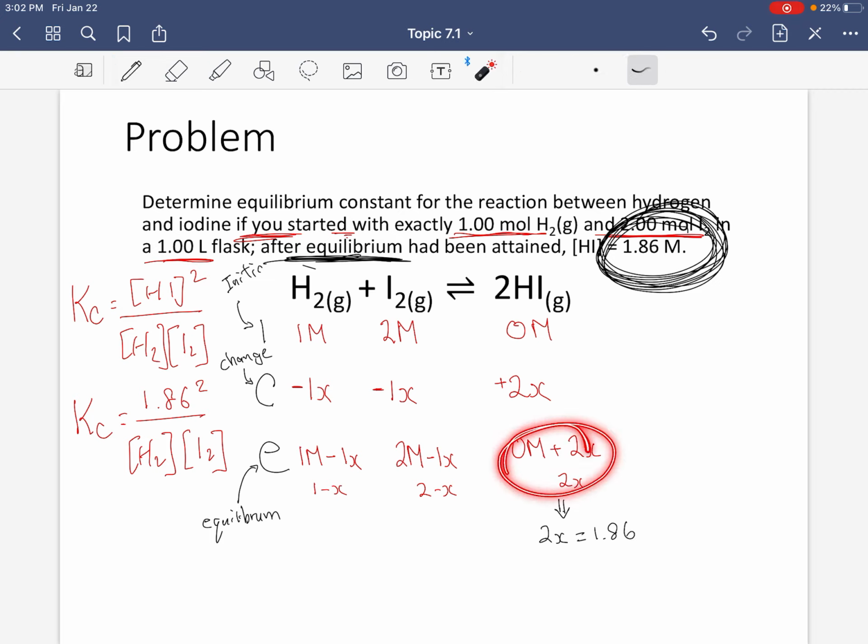Whatever this is at equilibrium is 1.86. I know my algebra: 1.86 divided by 2 is 0.93. There you go, I found x. All I have to do right now is plug this x back into my other entities. So for hydrogen gas, 1 minus x, which is 1 minus 0.93, is equal to 0.07.